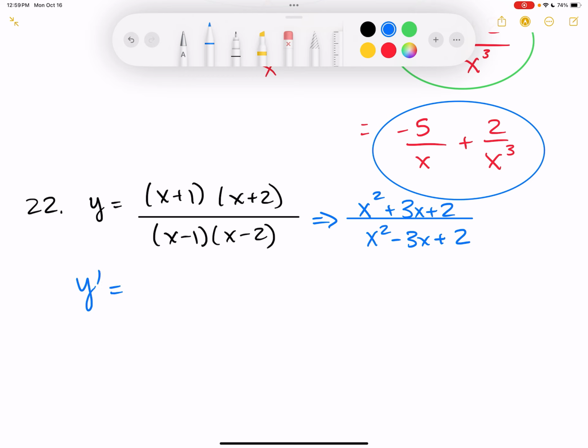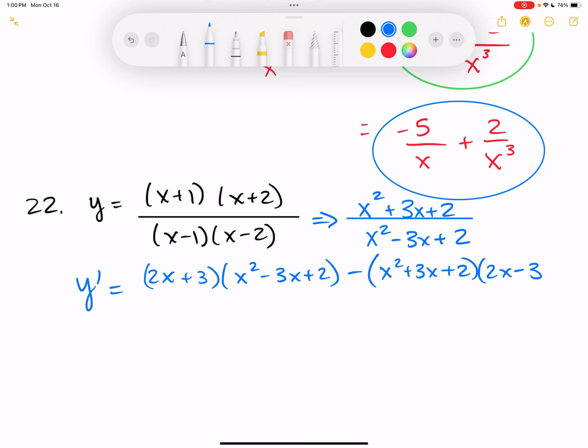So y prime is going to be 2x plus 3 times, the derivative of the top times the bottom, so the bottom, which is x squared minus 3x plus 2, minus the top times the derivative of the bottom, 2x minus 3, all over x squared minus 3x plus 2 squared.